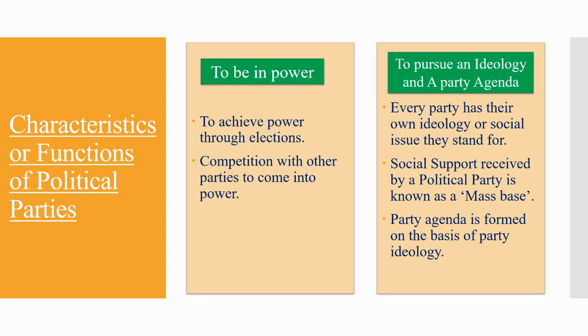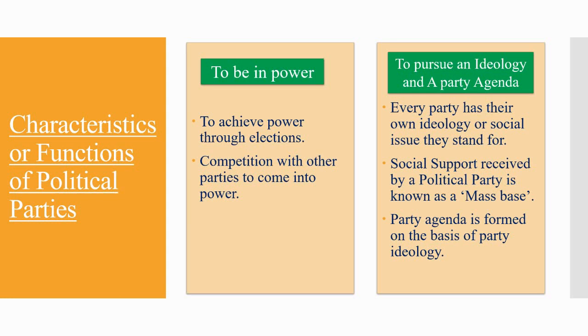The second characteristic is to pursue an ideology. Every party has their own objective and views on certain social issues they deal with. This makes it their party ideology, and they stand by those views or ideas. Any person who accepts a specific party's ideology becomes a supporter of the party.